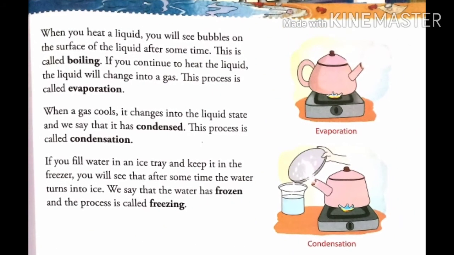Let's move further and know our next process. Next comes boiling. So students, what happens in boiling? When we heat any liquid substance, we will see that after some time it will have bubbles on its surface.